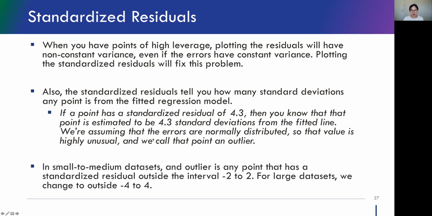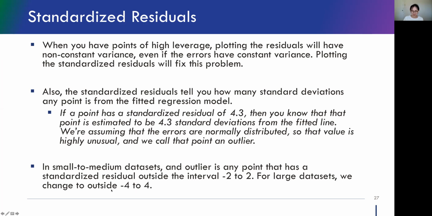Normally, the boundary for an outlier is from -2 to 2. So I said here that in small to medium data sets, an outlier is any point that has a standardized residual outside the interval of -2 to 2. For a large data set, we change this to outside -4 to 4.